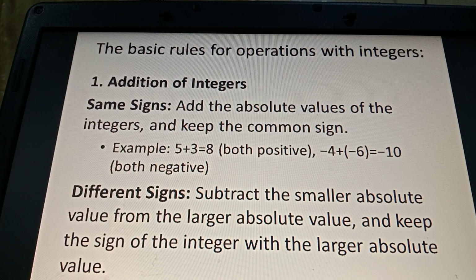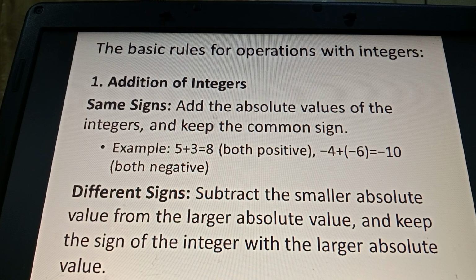Integers are signed numbers, and they can have the same signs, that is, both can be negative and both can be positive, or one can be positive and the other one can be negative. So same signs means positive signs or same negative signs.